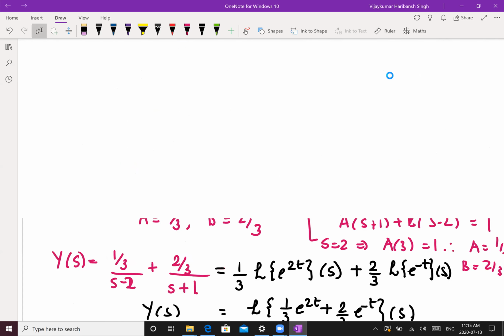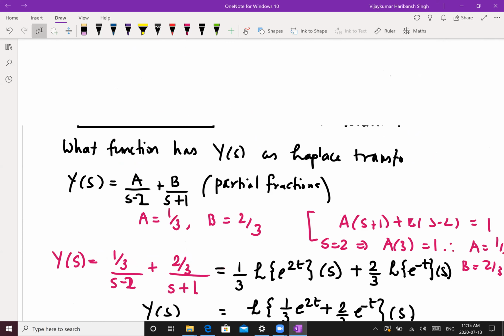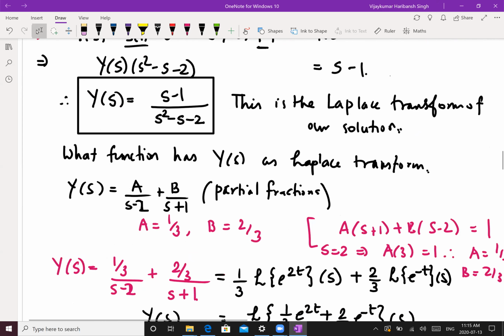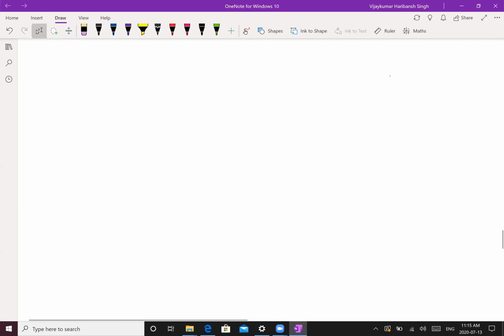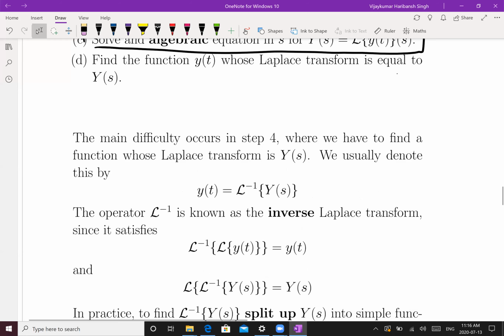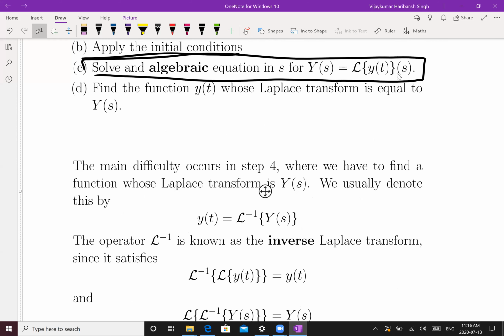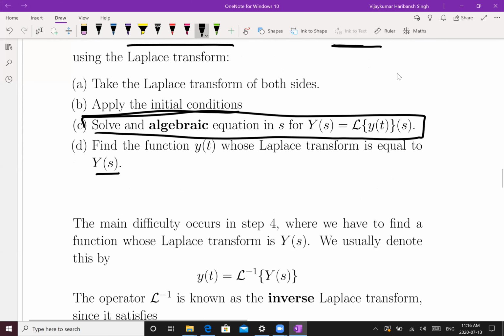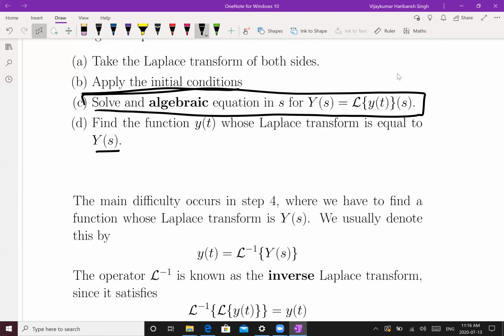We solved algebraically for Y of s in this equation, right? And then you basically find a function y of t whose Laplace transform is equal to Y of s. Now note that the main difficulty occurs in the last step, because y of t is L inverse of Y of s, where L inverse is the inverse Laplace transform.